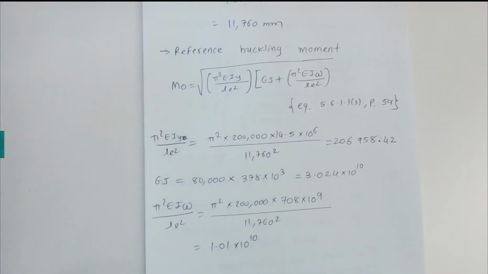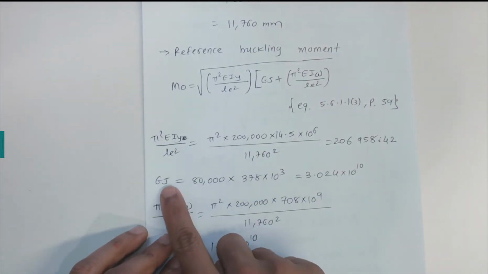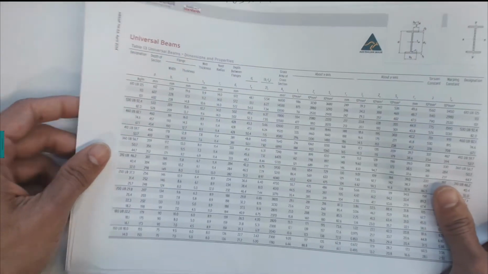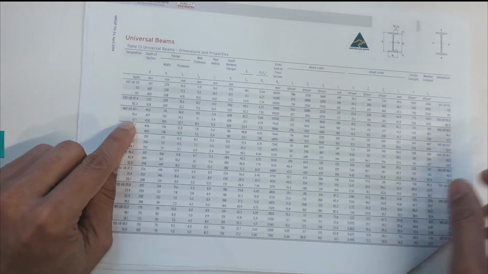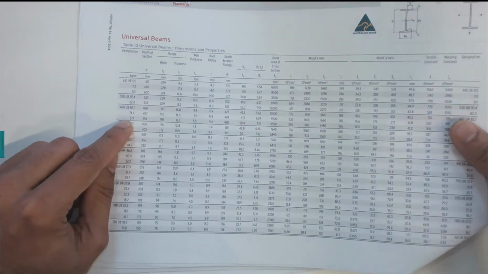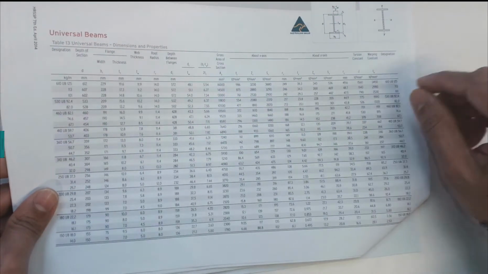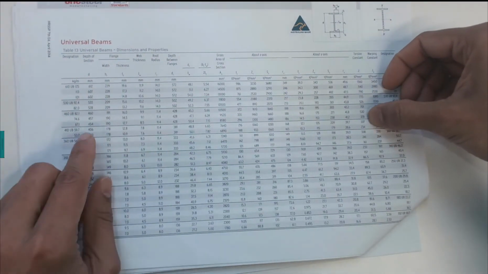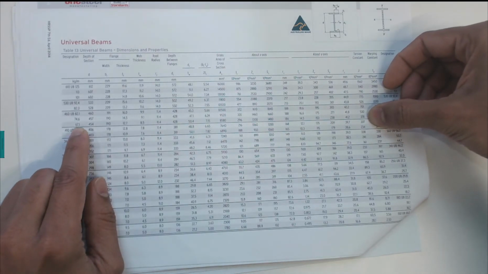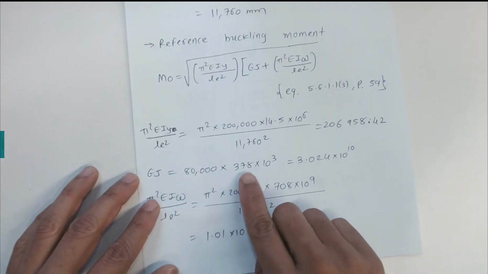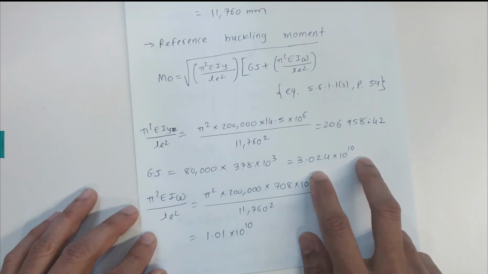J is taken from the OneSteel table for the 460 UB 67.1, and the J value is 378 times 10 to the power 3. Please note there is a 10 to the power 3 for this 378 J value, and the multiplication gives this one.